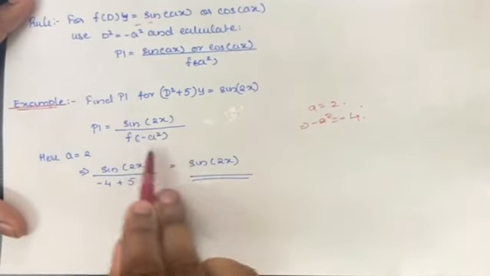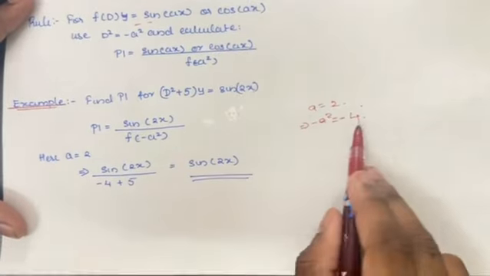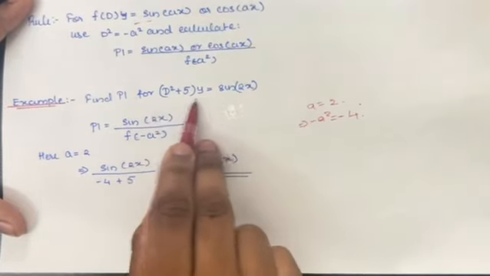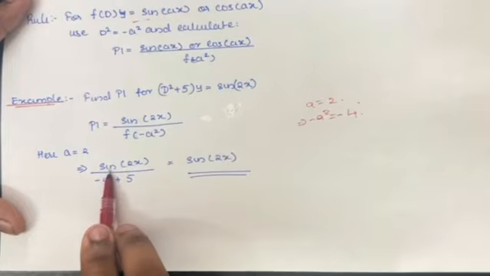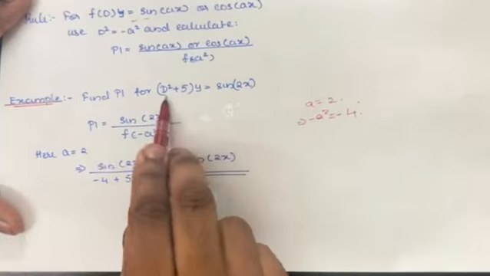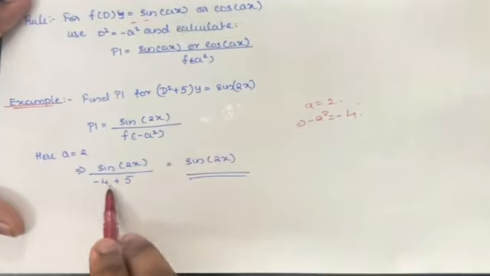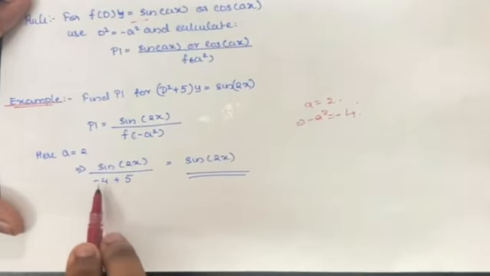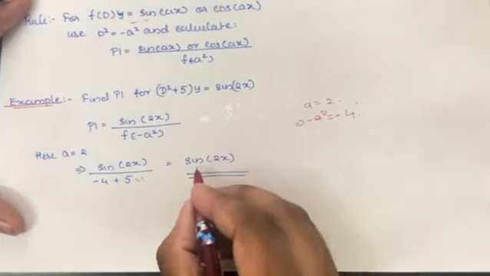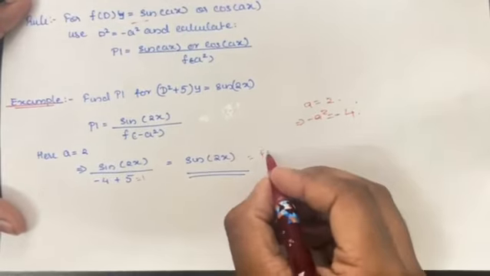Now we know the general formula, so we just substitute this minus 4 in f of D. That is, we get PI is equal to sin 2x divided by minus 4, which is the substitution for D square, plus 5. That is, minus 4 plus 5 is nothing but 1. Therefore, our PI is equal to sin 2x.